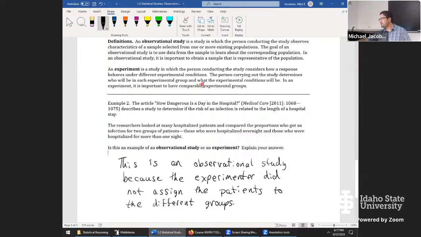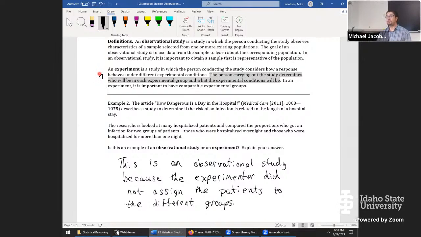So again, right here, let's see if we can find that. If the person carrying out the study determines who will be in each experimental group and what the conditions will be, to me, that's the biggest portion to highlight, with the difference between observing what's happened versus adding control and running an experimental design like here.